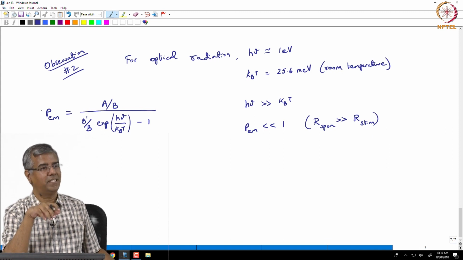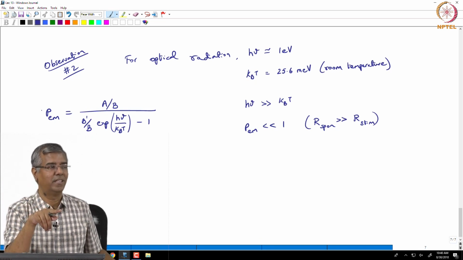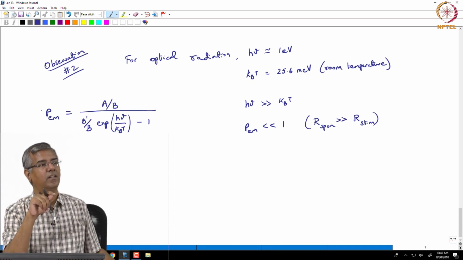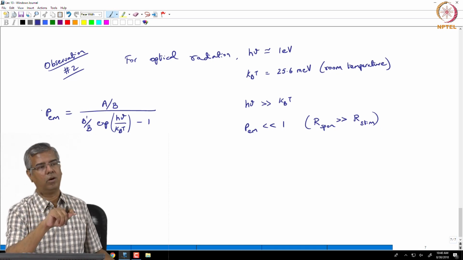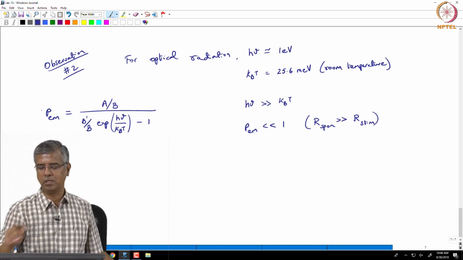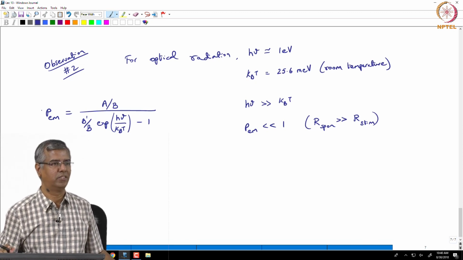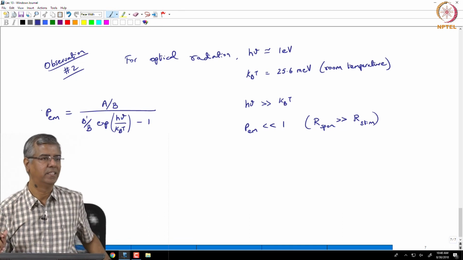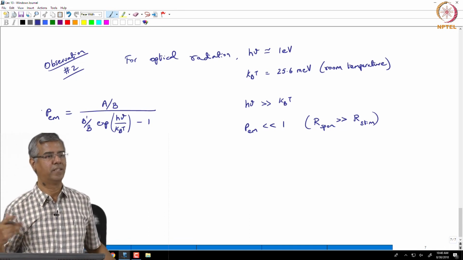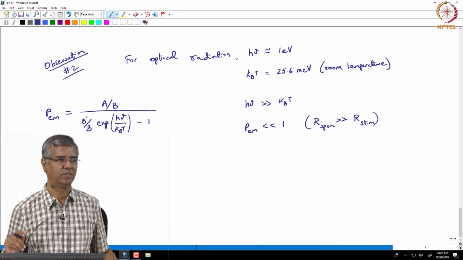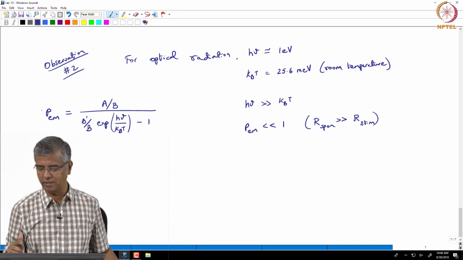We said it's steady state, but then there's some other condition that we are considering. Thermal equilibrium conditions, right? So stimulated optical radiation is not possible under thermal equilibrium conditions. That's what this is saying.